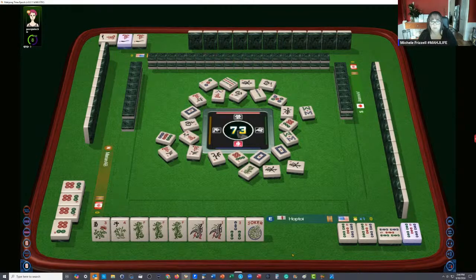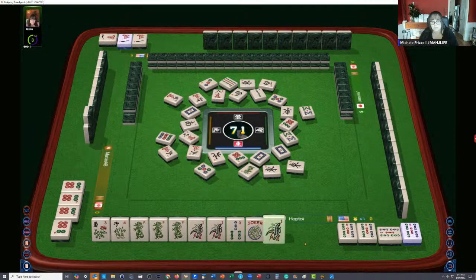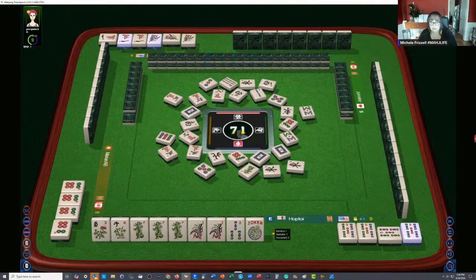Oh, another joker open to buy. 5 characters. Five dots. We don't need that. 1 bamboo. Oh, are they playing like numbers? Like numbers over there. 2 bamboos. So they will discard a 3 bam if they get it.